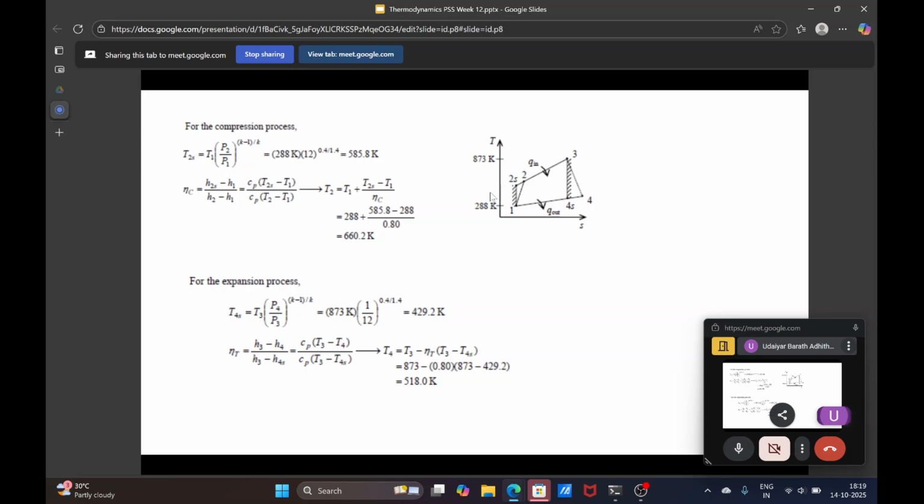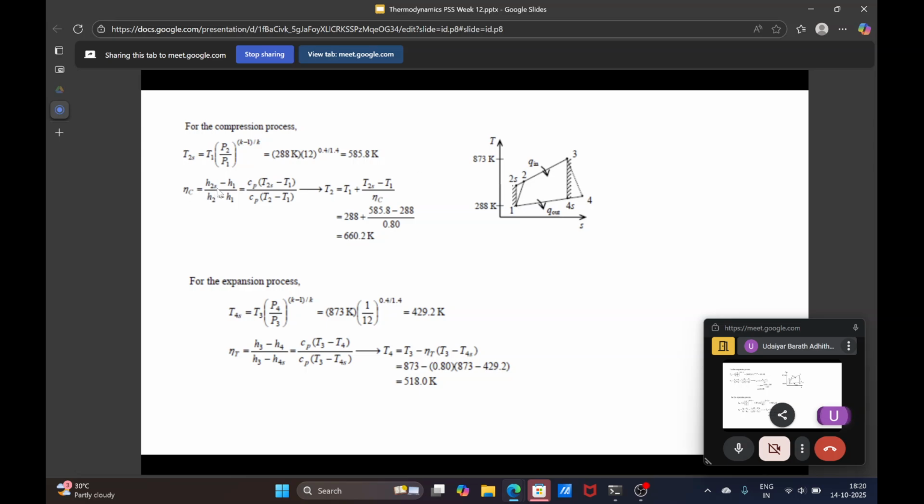Similarly, the compressor efficiency is given to be 0.8. The isentropic efficiency is defined as the isentropic compression work divided by the actual work. So the isentropic compression work is H2s minus H1, divided by H2 minus H1. H2 minus H1 is the actual compression process, and 1 to 2s is your isentropic compression process.